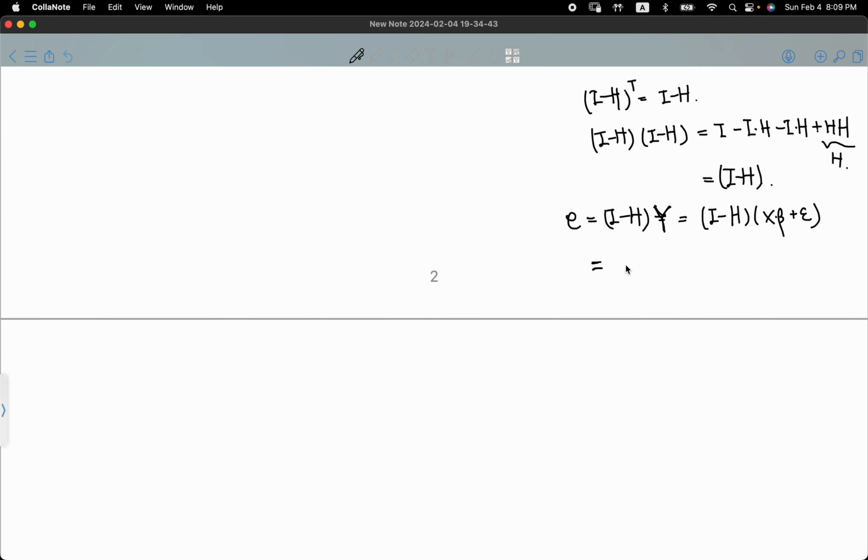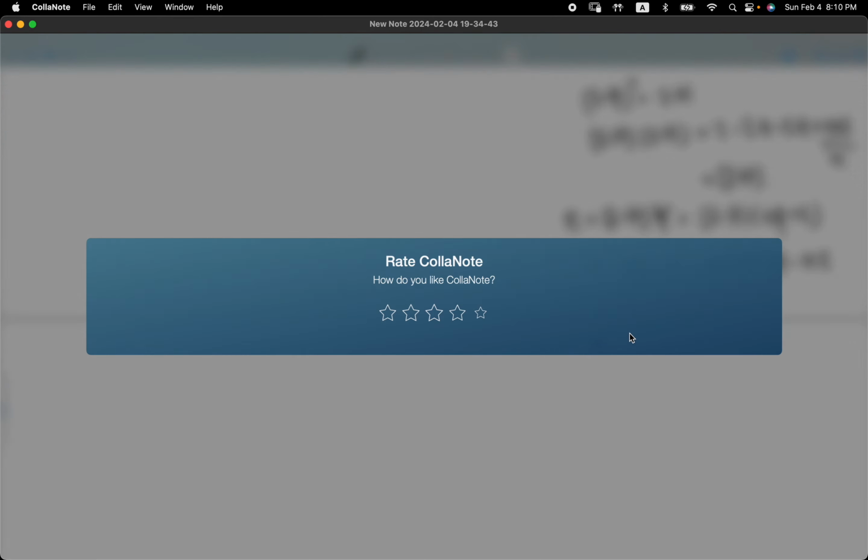I multiplied by X beta plus epsilon, minus X transpose X inverse X transpose X beta, minus H epsilon.